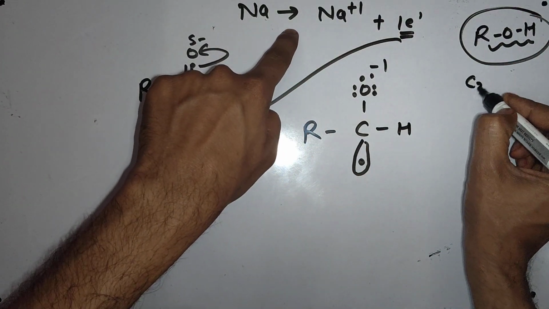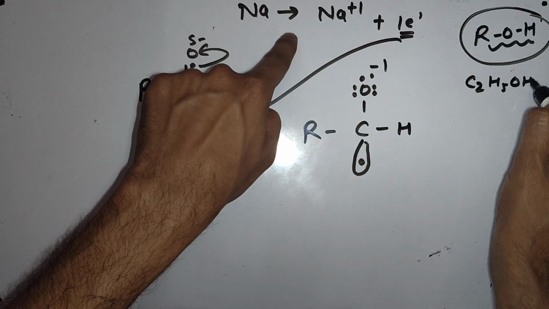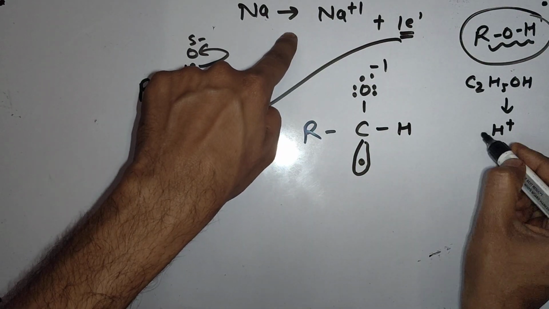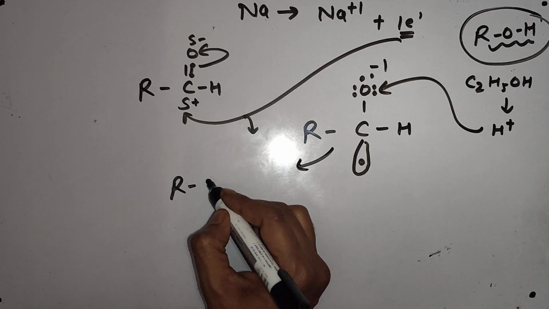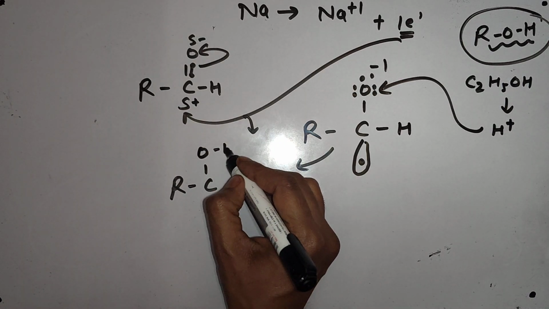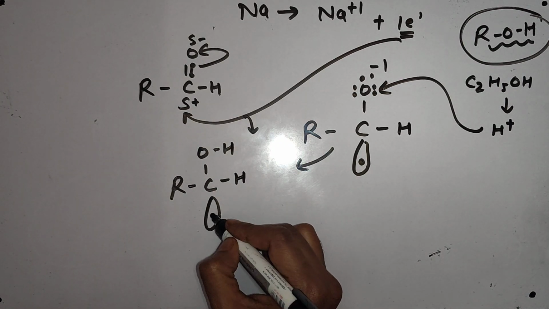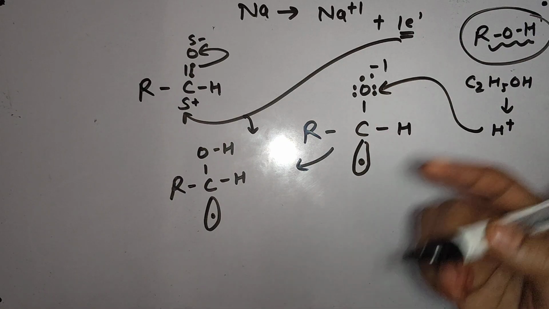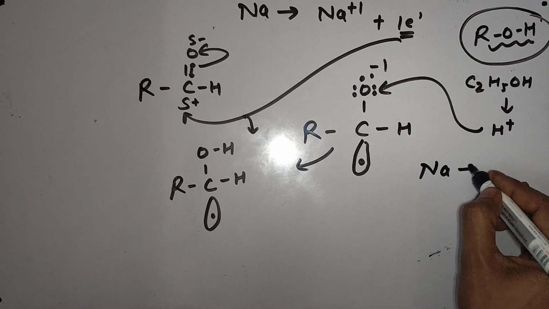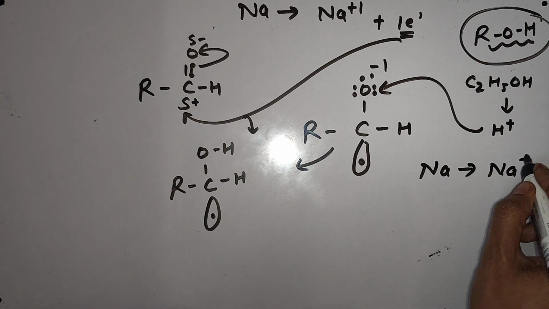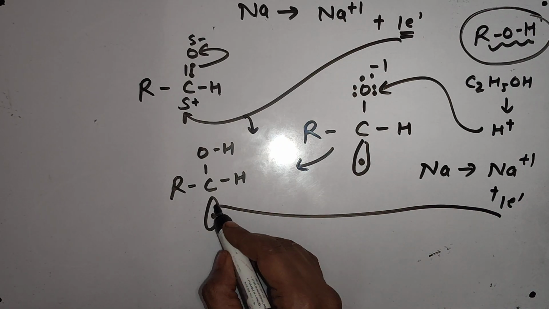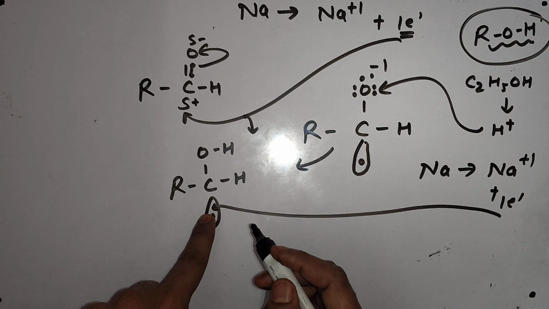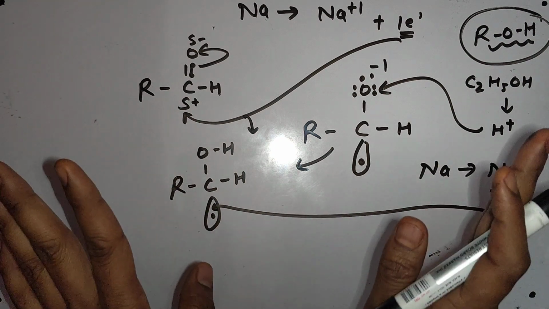Now the ethanol particle C2H5OH will release H positive, and H positive will join with oxygen, like this. Another sodium atom will release another electron, and that electron will enter the orbital of carbon, because in this orbital 1 electron was there, and a maximum of 2 we can fill.